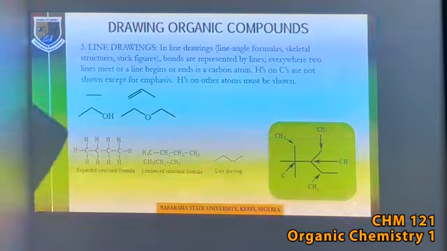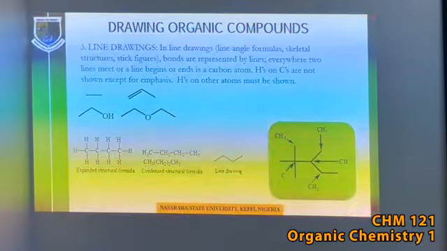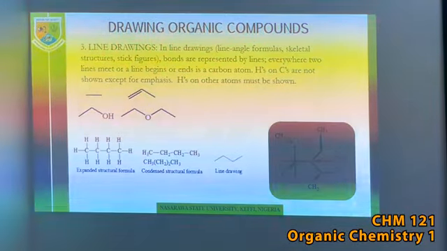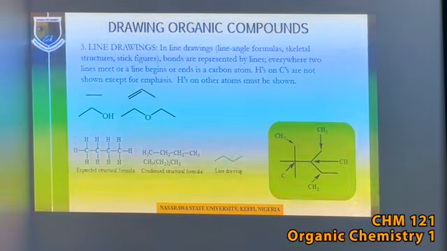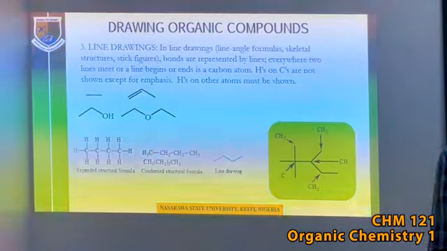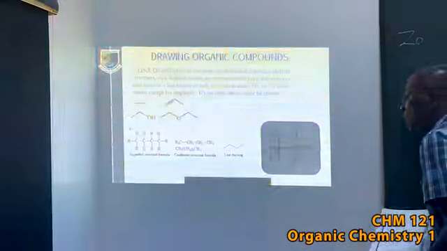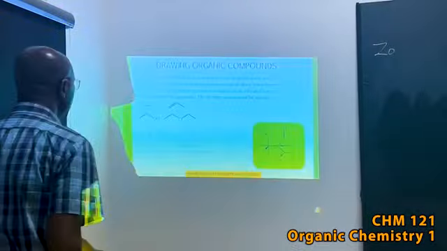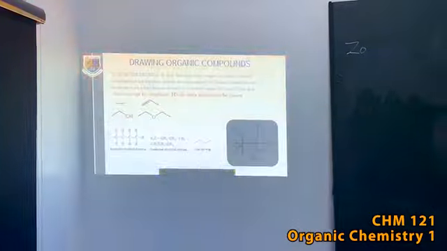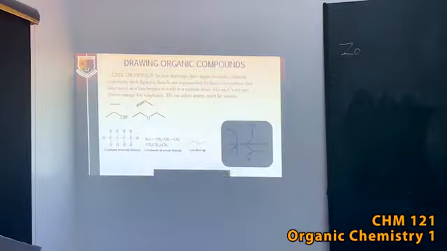So now, we can also represent this in terms of line drawing. Again, a simplification of that structure. So here, we have CH3, CH2. And all we do is represent that with a line.